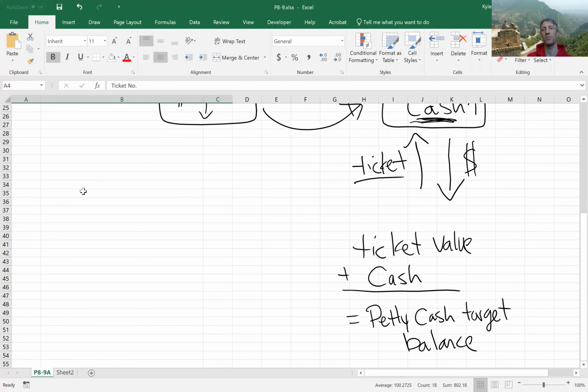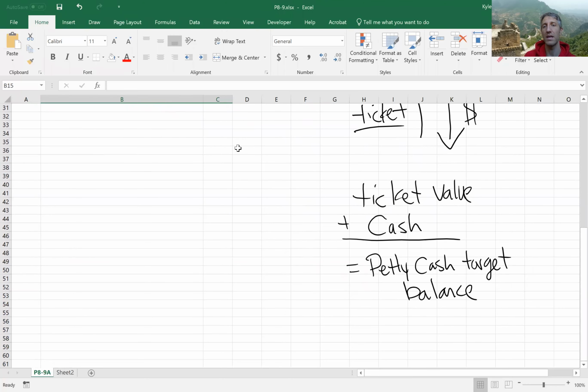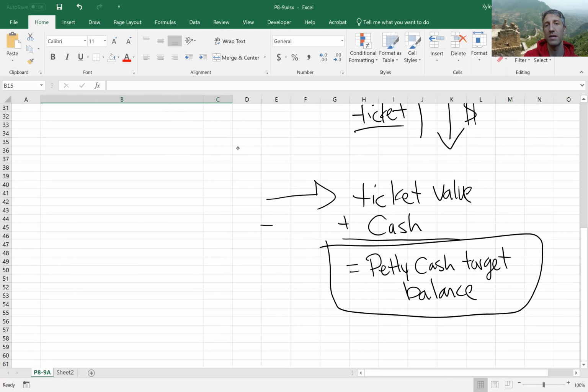And this is what's meant by requirement number one. Requirement one was explain the control features of an imprest fund. This means the petty cash target balance is always going to be the value of the tickets that went in plus the cash. So those two added together are going to total the petty cash target balance.